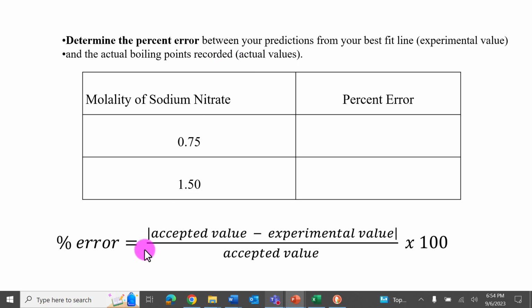And you will be using this formula to calculate the percent error: the accepted value, the values in the previous slide, minus the experimental value, those values that you get from the graph by going up till you hit the line and then going across till you hit the y-axis. Those are going to be your experimental values. Divide by the accepted values times 100. Remember that the percent error is always positive, never negative, because this is an absolute value, and absolute values are always positive.